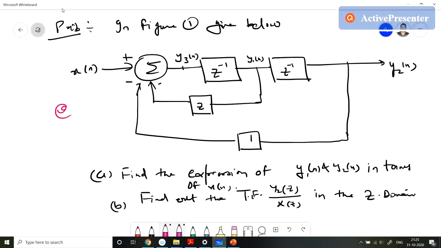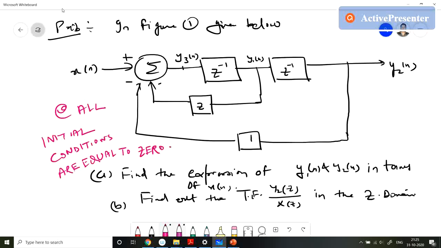It is given that all initial conditions are equal to 0. So let us solve this problem.